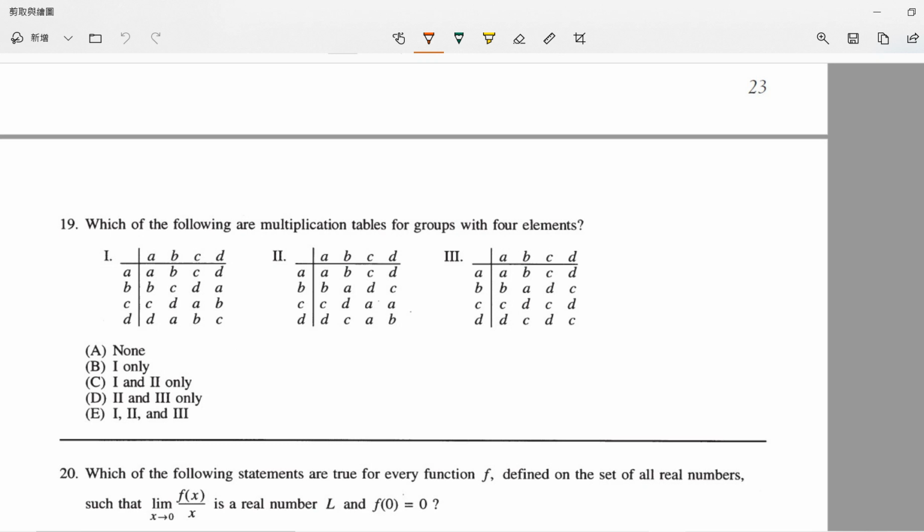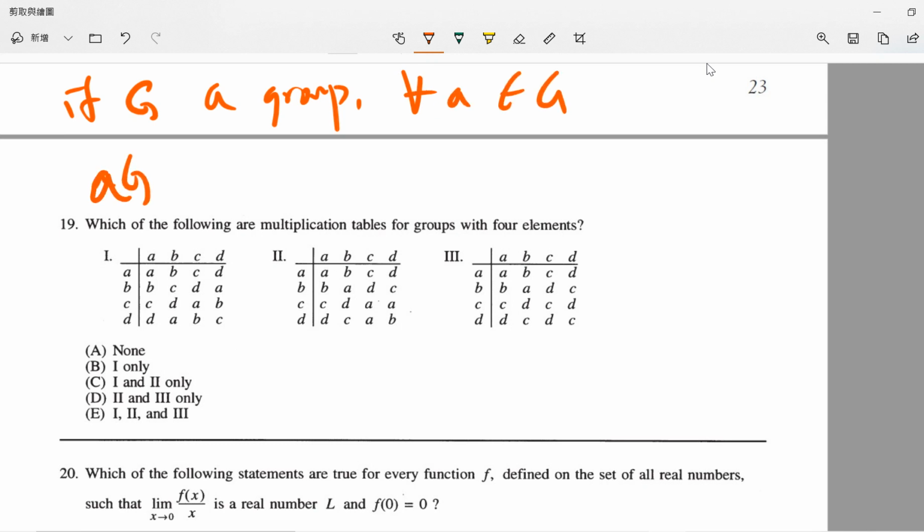Okay, so the common sense is that if G is a group, then for any A in G, what is AG? AG means any group element multiplied by A from the left-hand side. I claim AG must be G as a set.